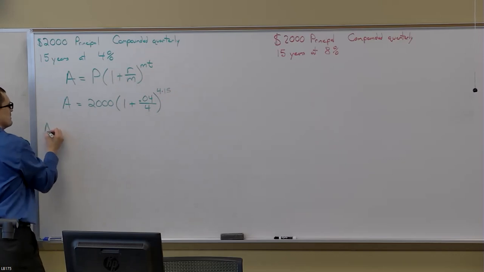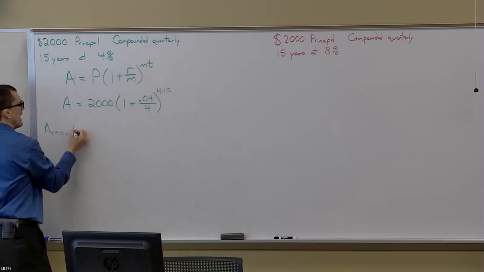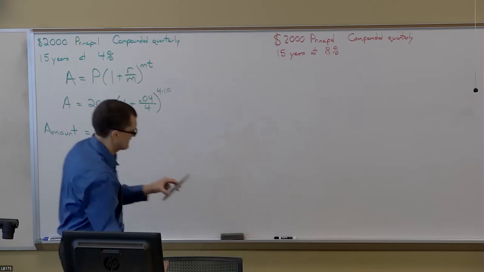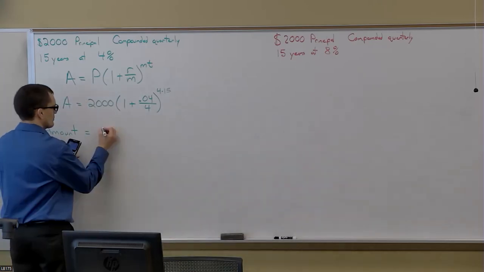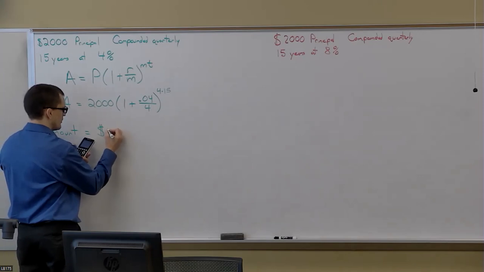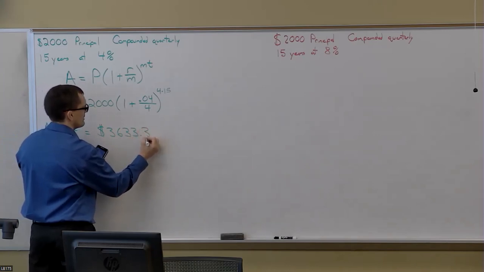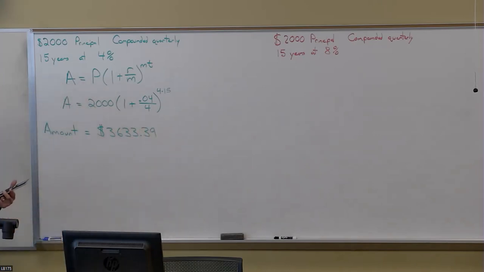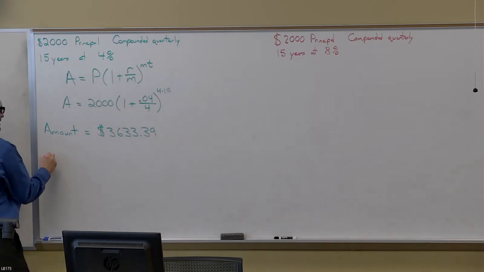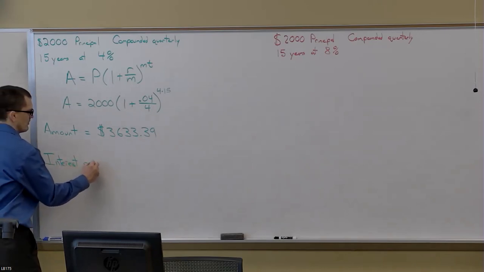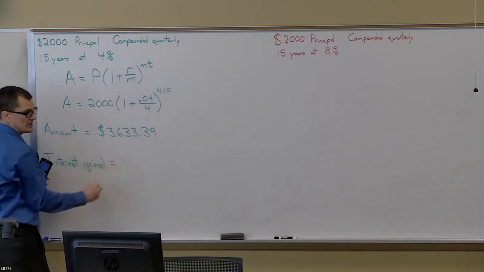The amount that this individual will have after 15 years would be expected to be $3,633.39. Now, if you look at how much money was gained, sometimes that'll be called the interest gain.